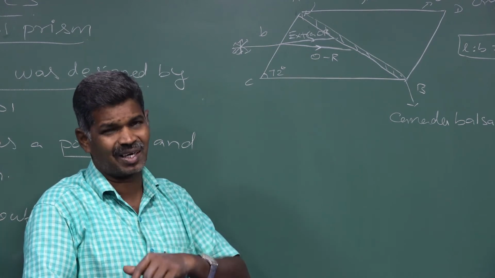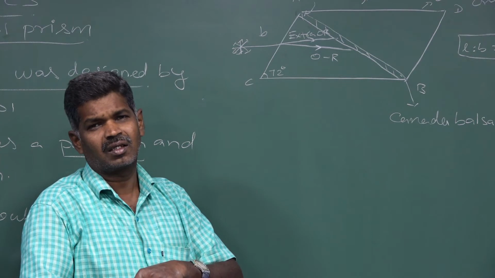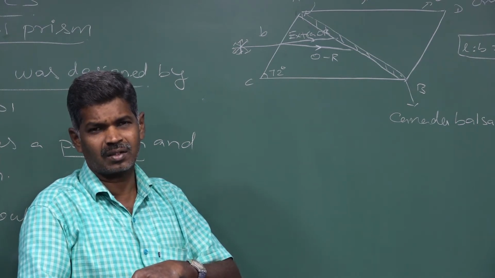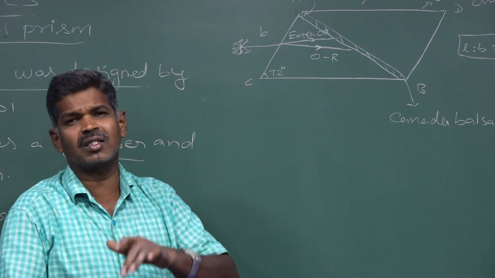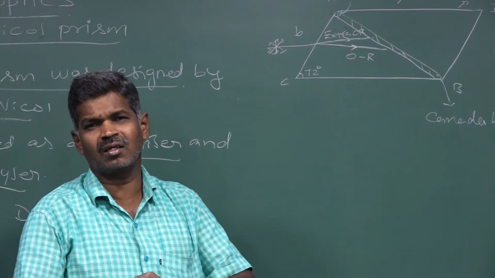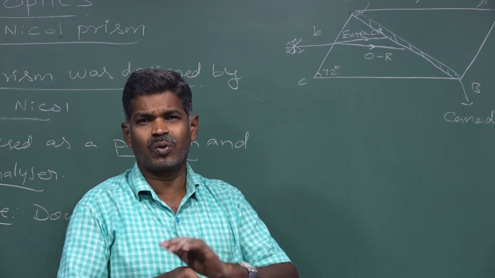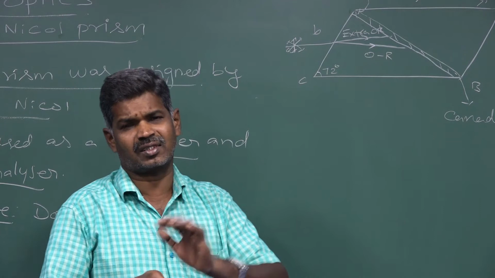But the extraordinary ray does not obey the laws of refraction, meaning mu is not constant. That is, sin i by sin r is not constant in all directions. That has different velocities in different directions.